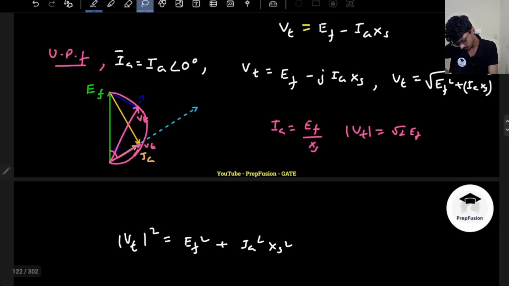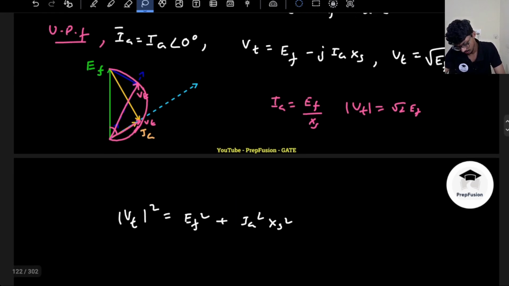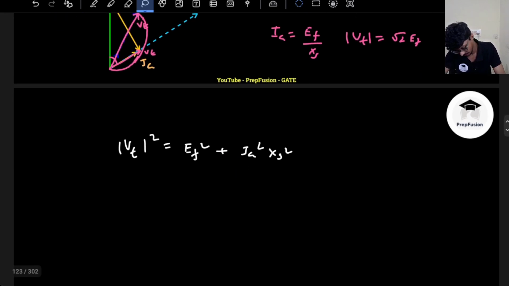This is actually not exact, it should be a semicircle only. How is it? EF is constant, so VT square equals this.